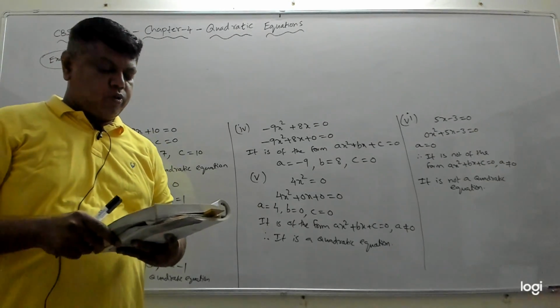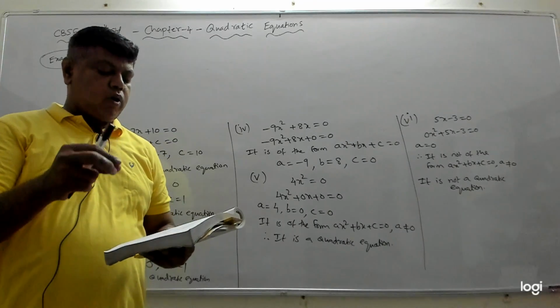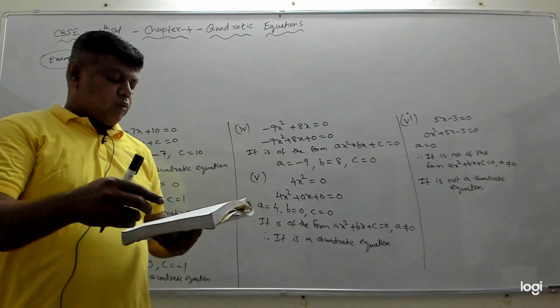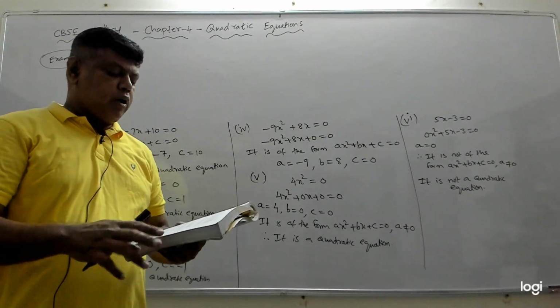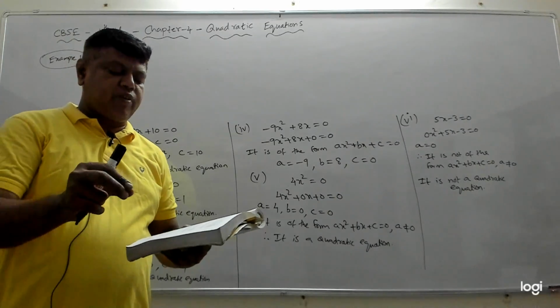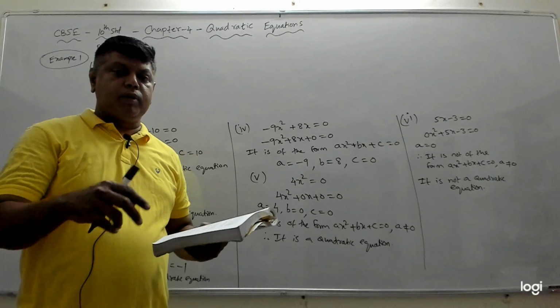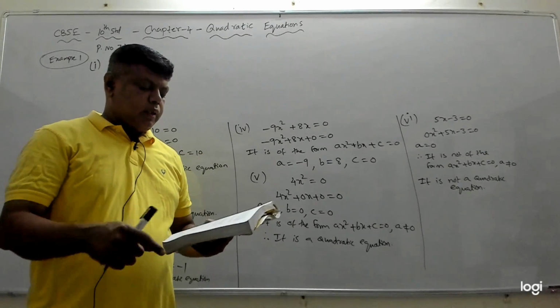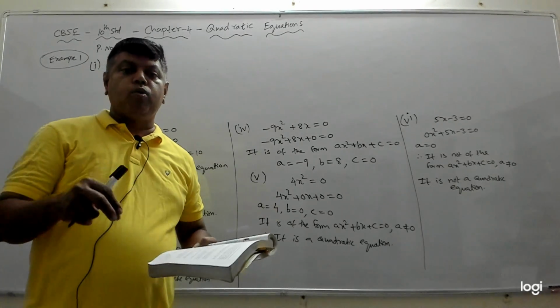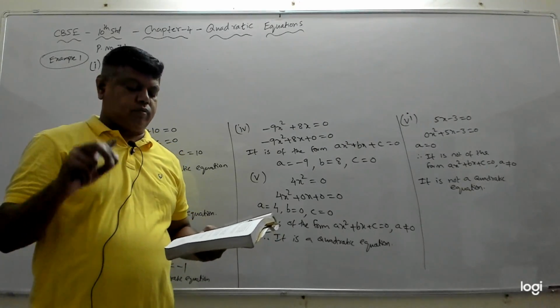So the example 1 says represent the following situation mathematically. What is given? The situation given is John and Jivanti together have 45 marbles. Both of them lost 5 marbles each, and the product of the number of marbles now they have is 124.